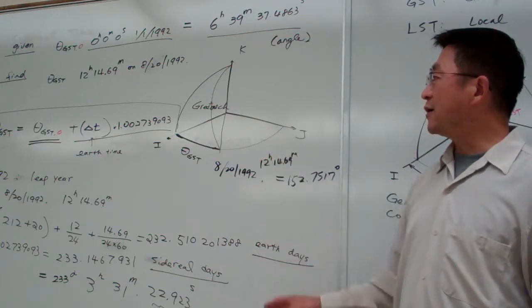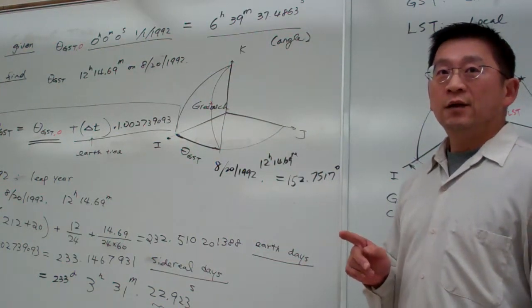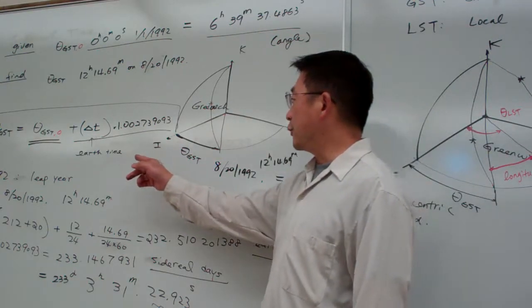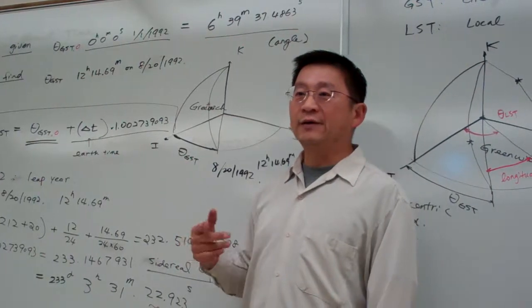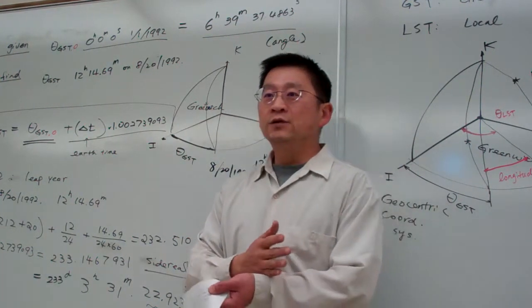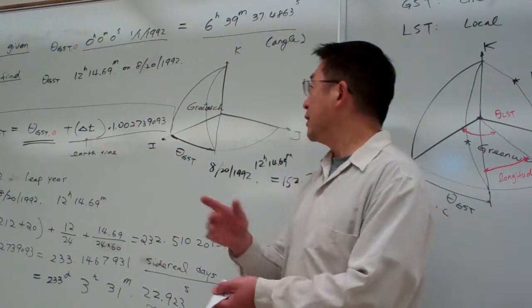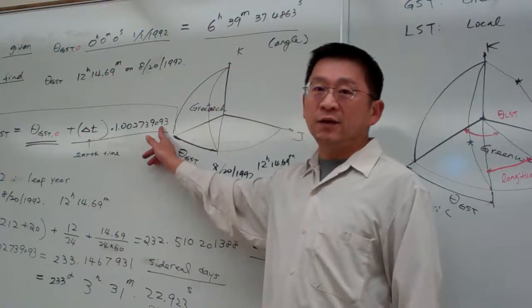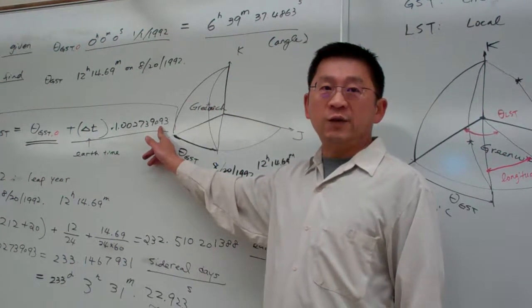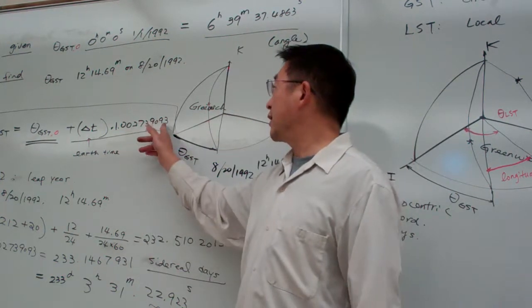Again, in this calculation, we have involved 2 different time systems. One time system is the Earth, that means our calendar. Our calendar, that is the Earth time. So we simply look at the Earth time and how many days on the Earth time, then we multiply with this number. Here we do the transformation between the Earth or solar time to the sidereal time, and that is the number here.